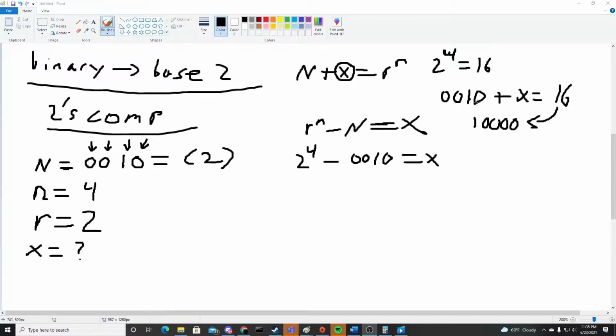So essentially, what number added to 0, 0, 1, 0 will get us to 1, 0, 0, 0, 0? And so let's take this and go back down to the equation we were working on below. The first thing is to simplify out our 2 to the 4th, which we solved above, which is 16. So we have 16 minus 0, 0, 1, 0 equals x, which again is the 2's complement number that we're looking for.